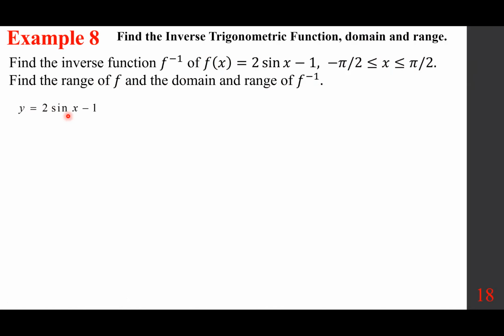Number 2, interchange x and y. So change the y to x, change the x to y. Right at this very step, we have the inverse. However, we always solve for y. So we move the negative 1. It's x plus 1, and then we divide by 2.